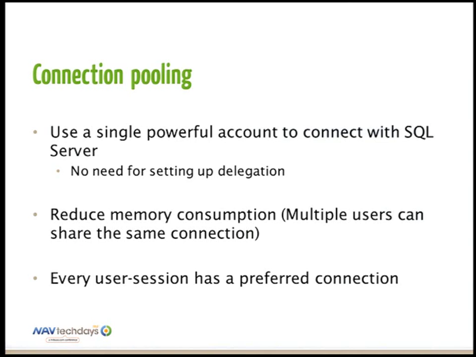But it's not guaranteed they will get that connection. This also reduces memory consumption. Unless users are constantly doing things at the same time, you will have much fewer connections to the SQL Server than before.